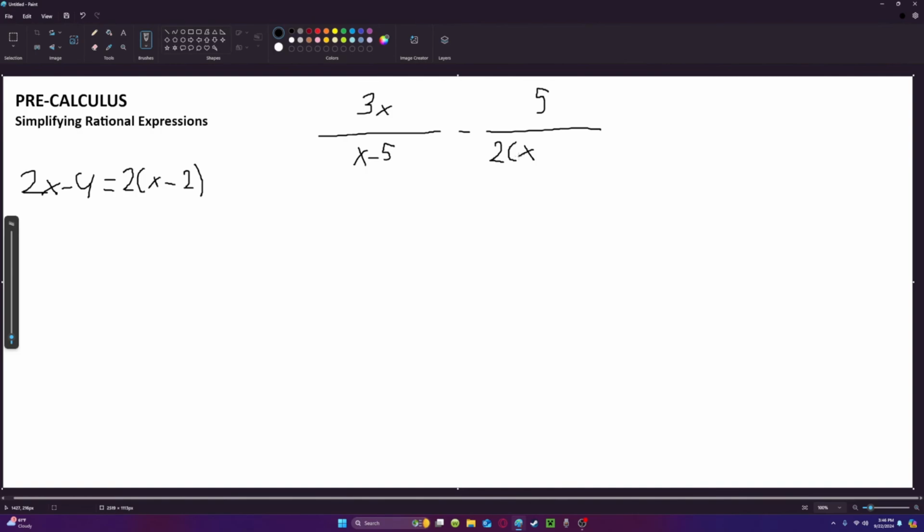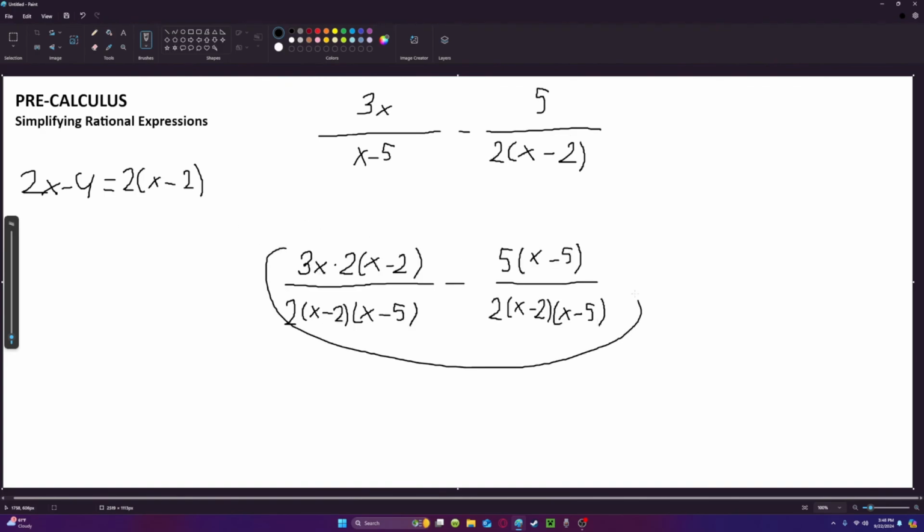So 2 times x minus 2. So now we have to make the denominators the same. So we have to multiply these to the numerator and the denominator, and we have to multiply this to the numerator and the denominator. So now we have this whole thing, and now the best thing to do is to multiply these things out. So let's do that now.